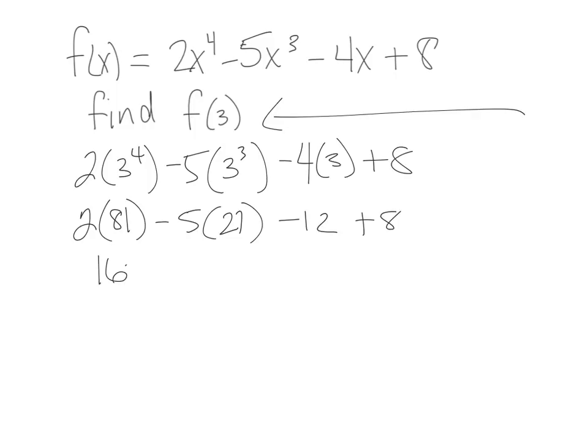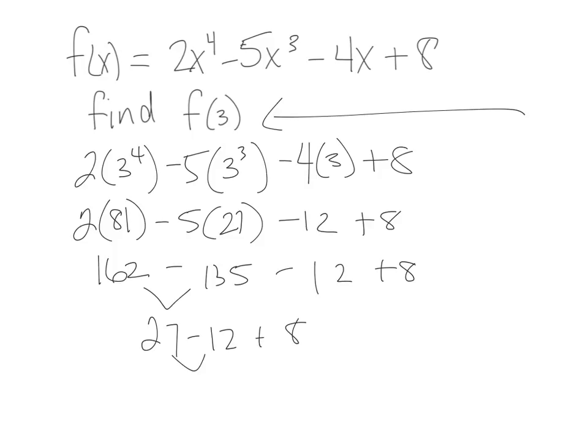81 times 2, I think that's 162. 27 times 5, I'm going to say that's 135. So 162 minus 135, well, I'm doing this in my head, so it takes 25 to get to 160, so I think that's 27.